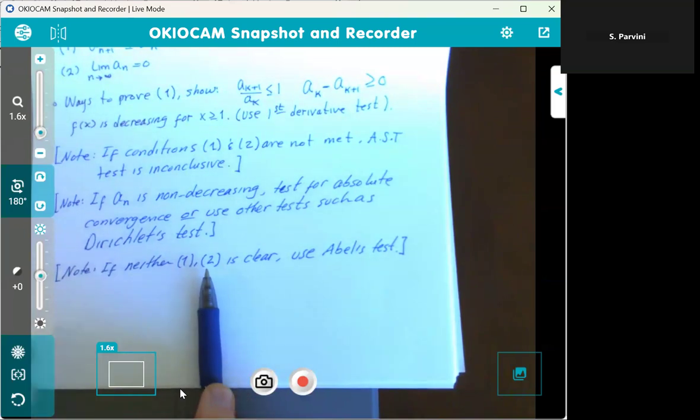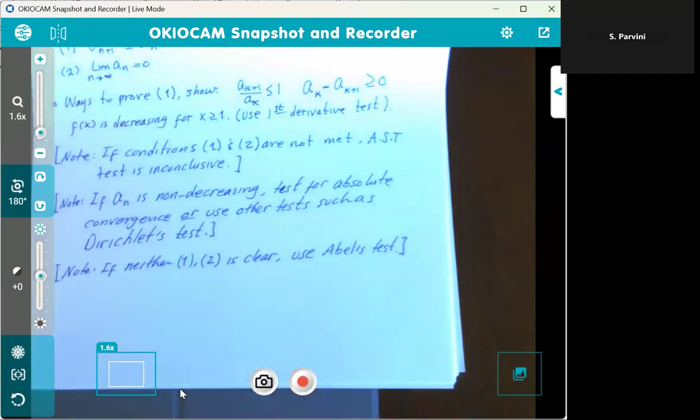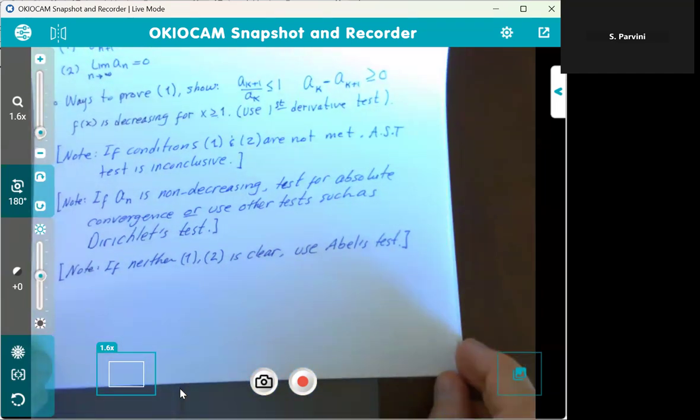In that case, the corrective action may be to use Abel's test. Okay, so those are just a couple of suggestions or recommendations. Now, having said that, let's actually look at some examples of these series and see if we can establish the convergence or divergence of those.